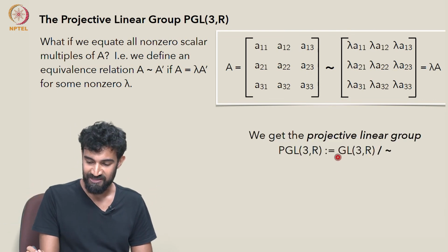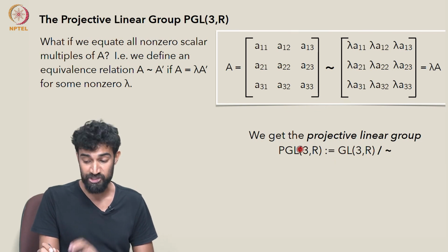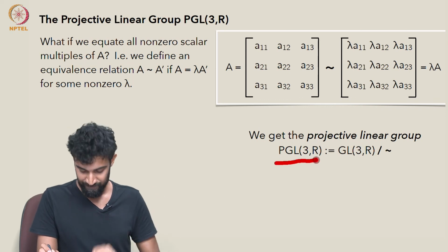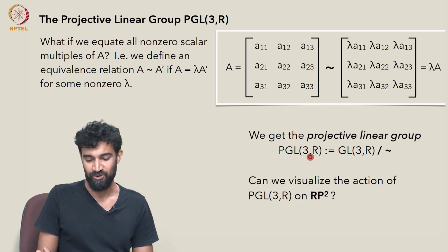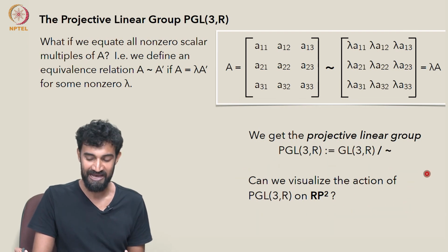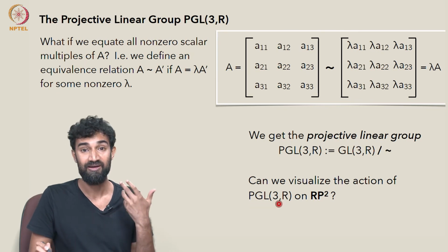If we do that, and take GL3R mod out by this equivalence, we get the projective linear group, PGL3R. So now the question is, what is this weird group we've constructed, and can we visualize the action of PGL3R on RP2?